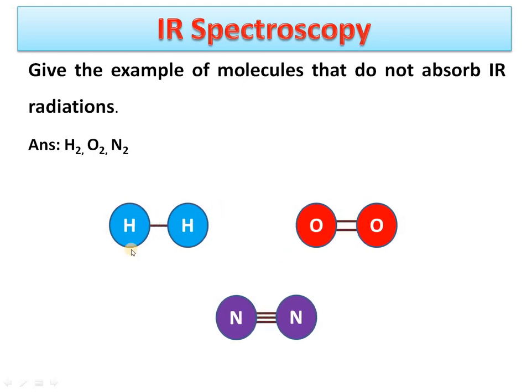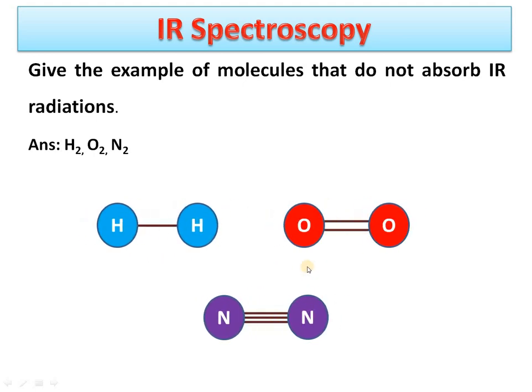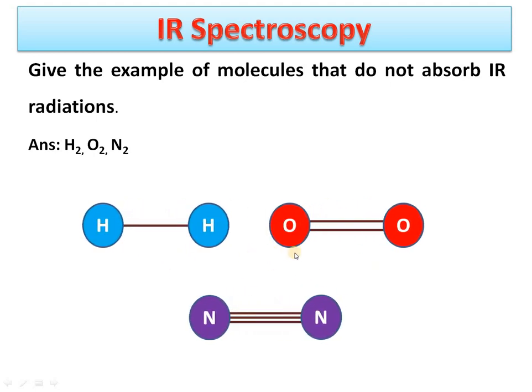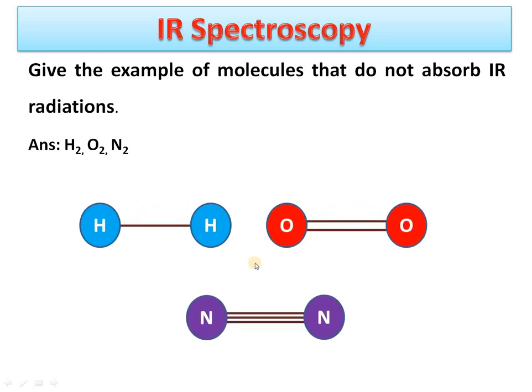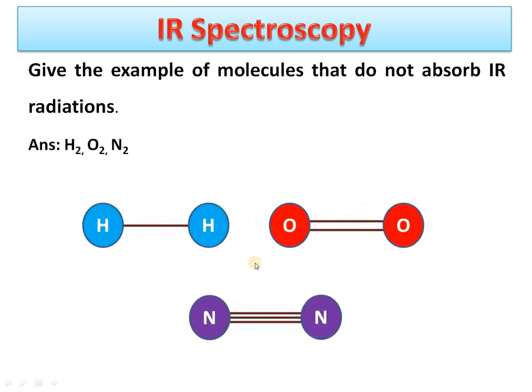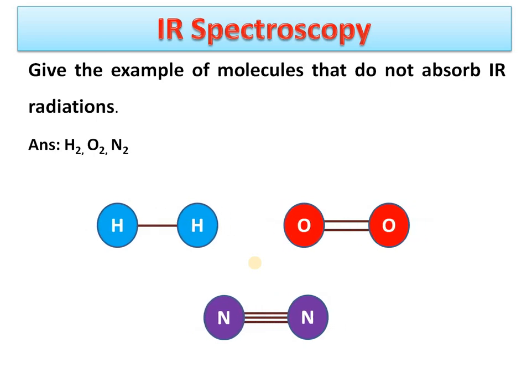So due to the symmetry in this molecule, there is no change in dipole moment due to the vibration, and hence they are IR inactive in nature. They do not absorb the IR radiation.